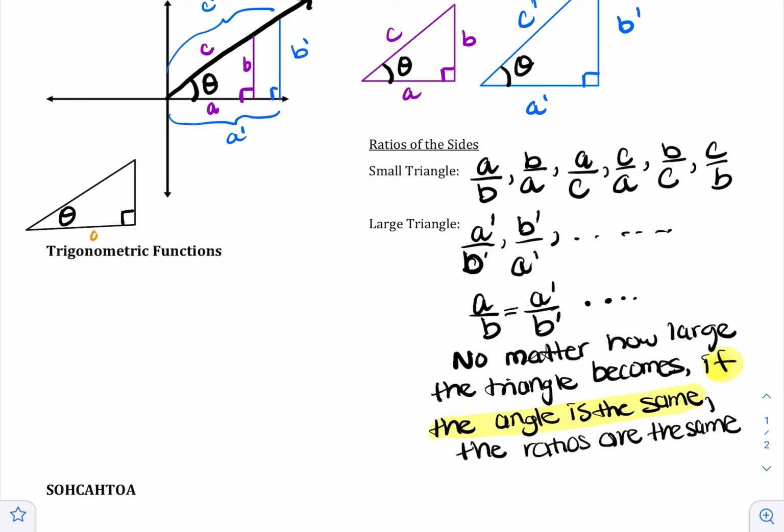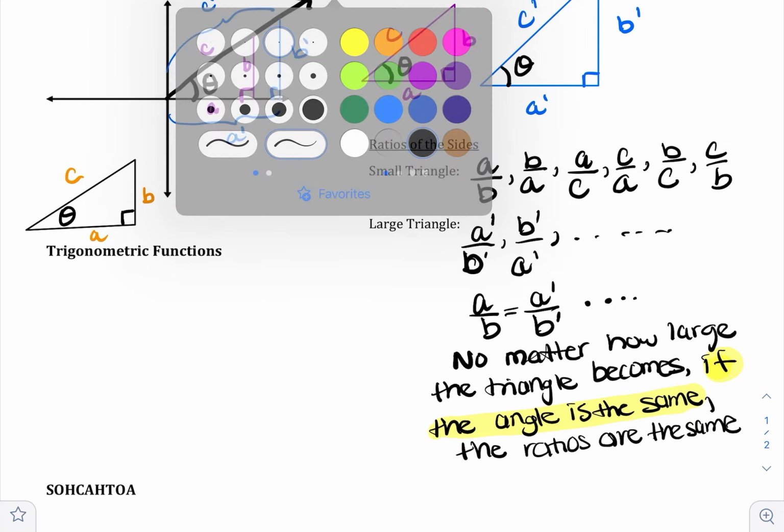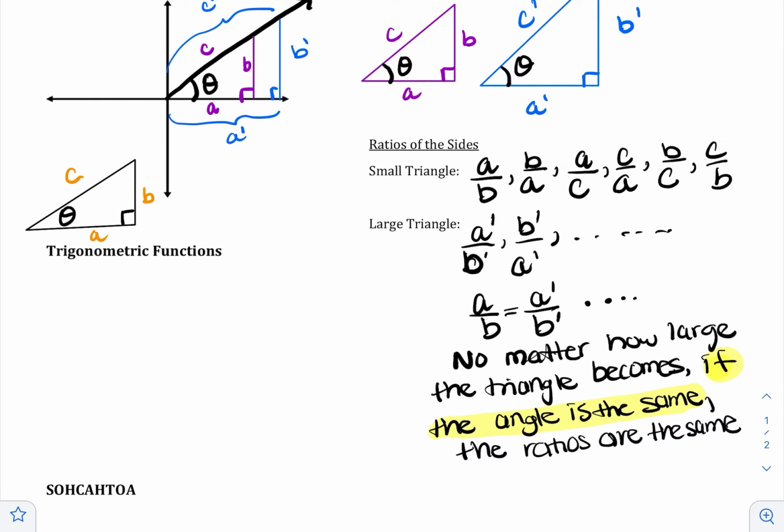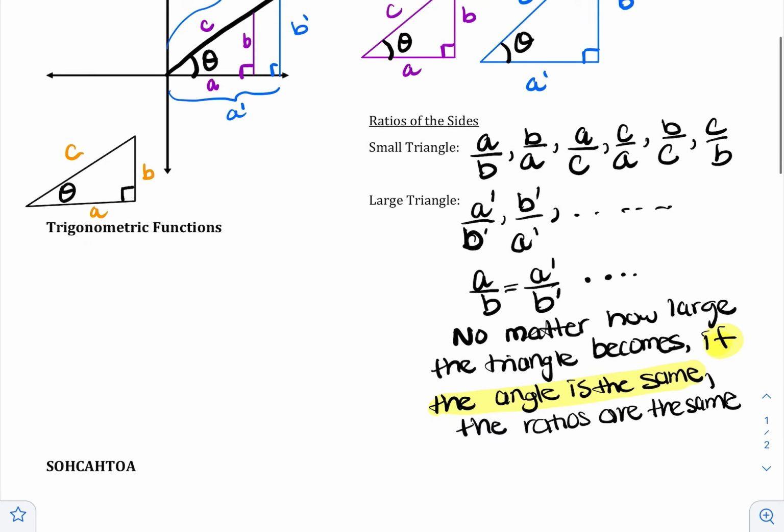And so we're still going to call this A, B, and C. And so now we're going to have 6 trig functions. So the first one is going to be called the sine of theta. Thankfully, we don't have to write all those words. We have a short version. It's like we don't write the square root; we have a symbol for the square root. And here we don't have a symbol, we just use an abbreviation of sine. So sine theta is going to equal B over C.